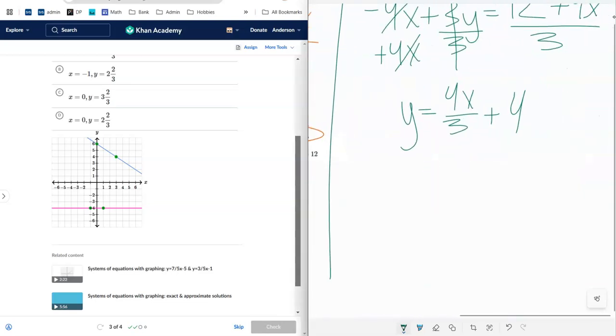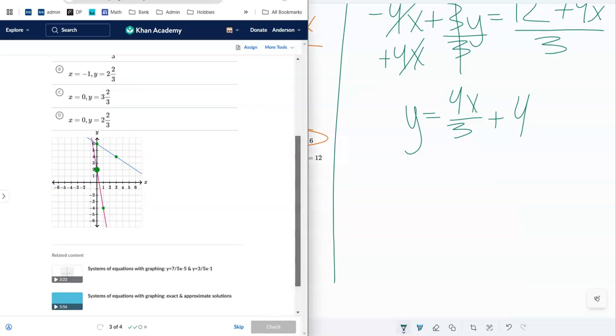Our other one is positive 4. And our slope is up 4 over 3. Well, we can't go up 4. So what we can do is make these both negative. So down 4, backwards 3. So up at 4, we're going to go down 4 units, and then back 3 units.